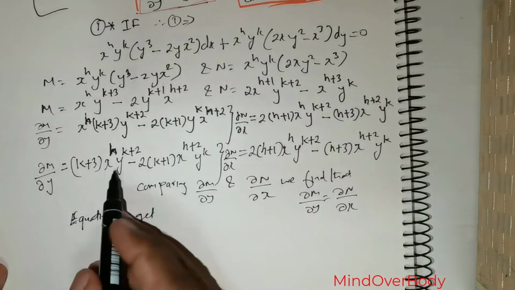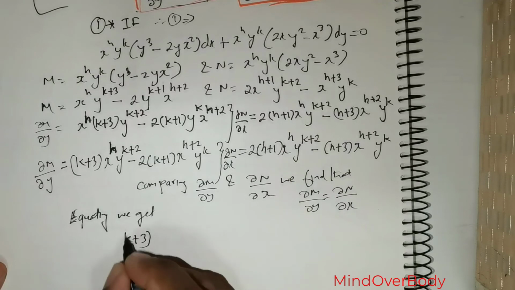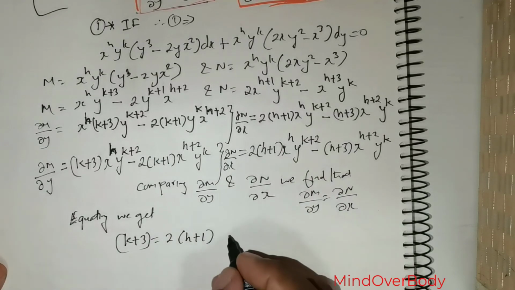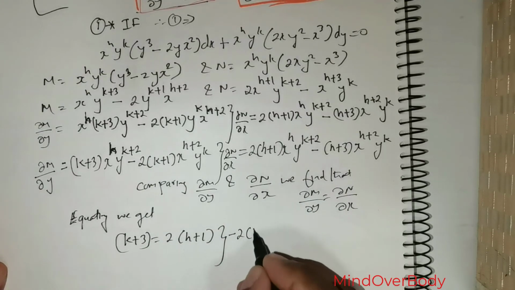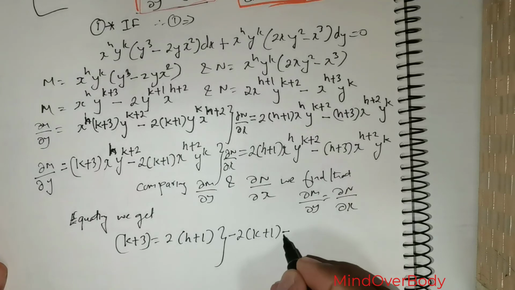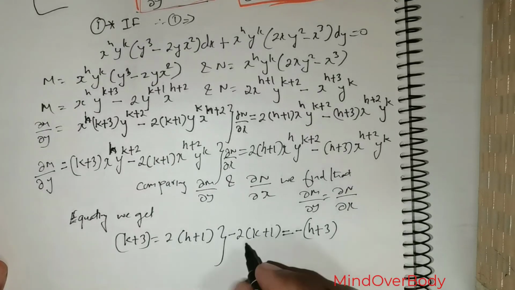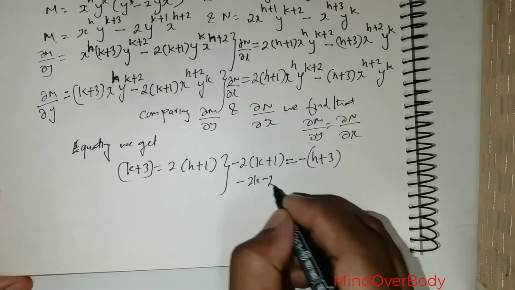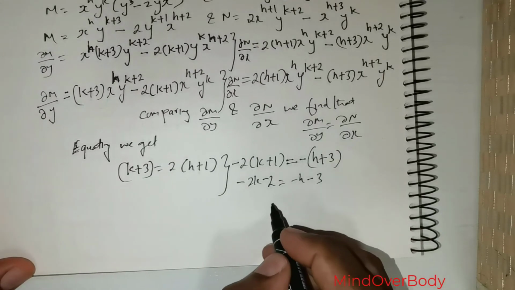So what do we get? If I equate these two, I get k+3 is equal to 2(h+1), and then −2(k+1) is equal to −(h+3). So from your −2k, −2 is −h−3.